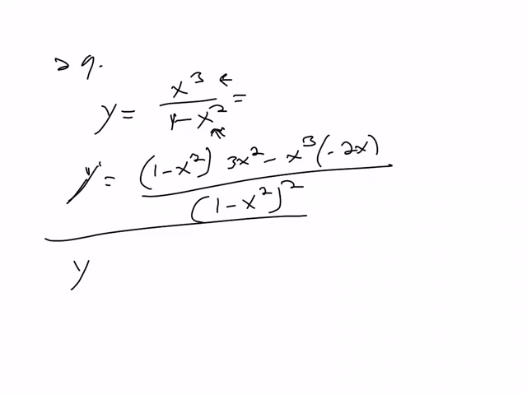Problem 30 gives us, let's go to another page, y is equal to x plus 1 over x to the third plus x minus 2.